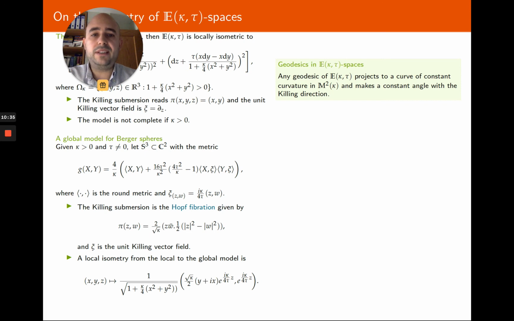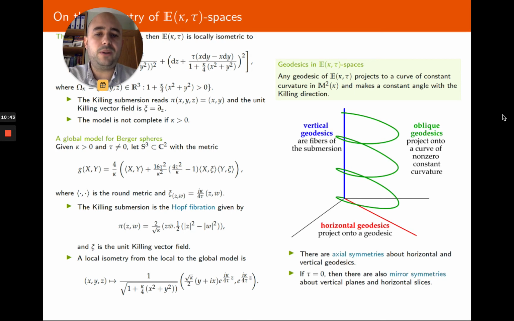This makes it very easy to compute all the geodesics in any of the E kappa tau spaces, and we obtain that there are three possible kinds of geodesics. On the one hand, we have the vertical geodesics. I will draw them in blue all the time, and they are the fibers of the submersion.